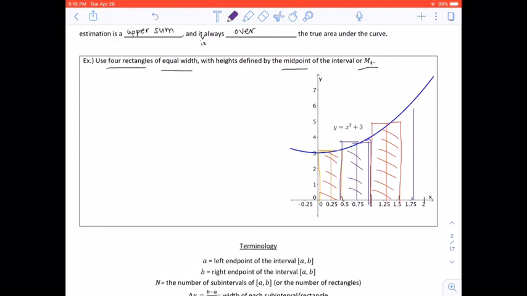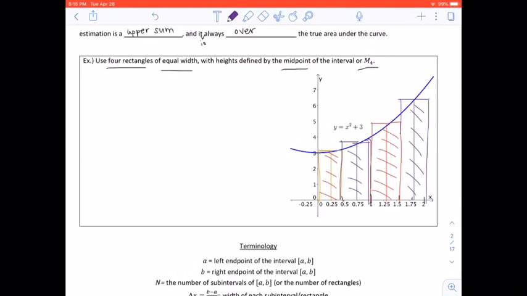So again, drawing a vertical line up until you touch your graph, and then a horizontal line across through that point, and then straight back down. And then this is going to define our fourth rectangle. This is the best approximation method to use to find the area underneath the curve.